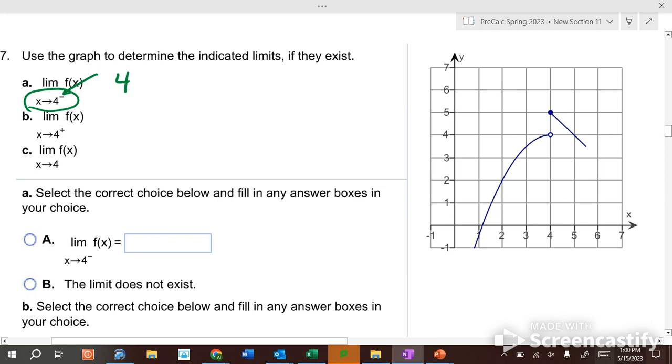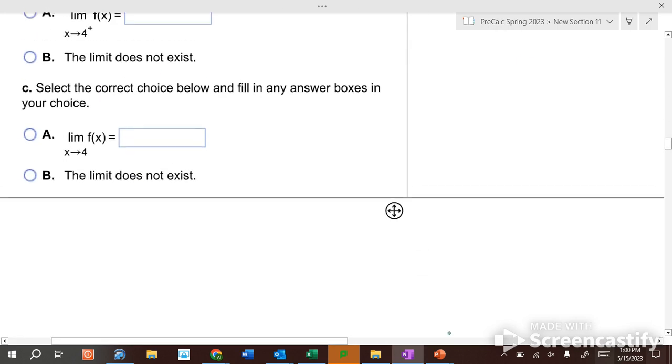As I'm approaching from the right, what y value am I approaching? 5. Do they approach the same y value? So this does not exist. The limit does not exist.